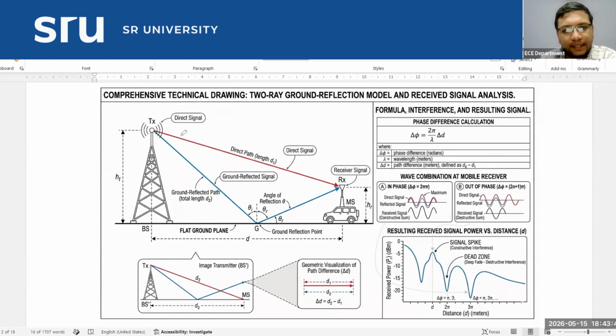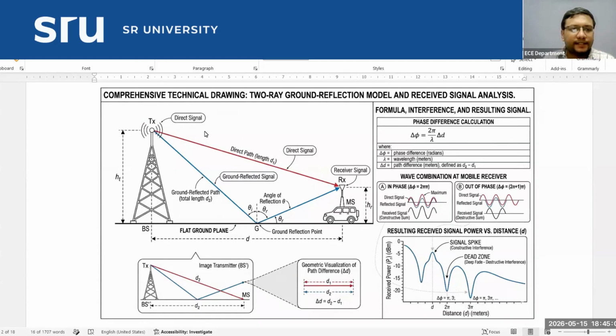Now when the transmitter is transmitting, you can see that there are two ways. So one is this way, that is called direct way or direct path. Another is called reflected path. So this one is the reflected path. So in two ways, signal is reaching from this transmitter to receiver. There are two paths.